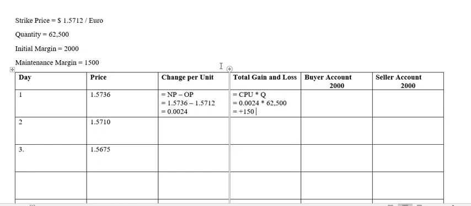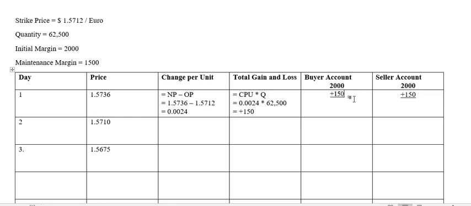Very simple. We will look into whether the price increased or decreased. Previously the price was 1.5712. Now it is 1.5736. So surely the price has gone high. If the price has gone high, it means this is a profit for the buyer, while the same is considered a loss for the seller here.